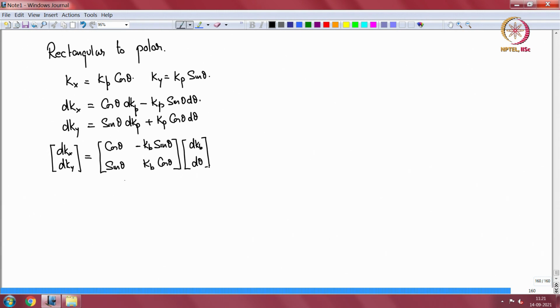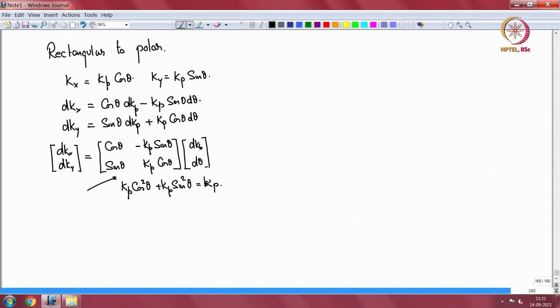So this is the matrix where the Jacobian comes from. So I get the determinant as kp cos square theta plus kp sin square theta, which is kp.